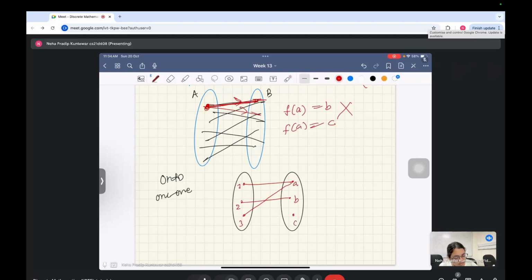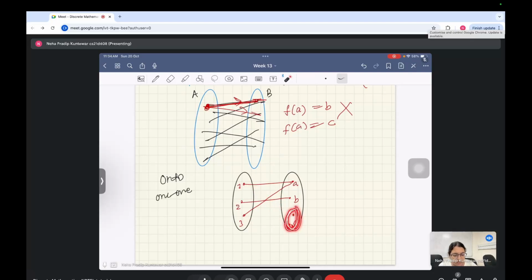And let's say now there is some C which is unmapped, and then there is some D which is also completely unmapped. So if such a thing exists, then the function is not onto. So you cannot have some elements here which do not have an image in this set.